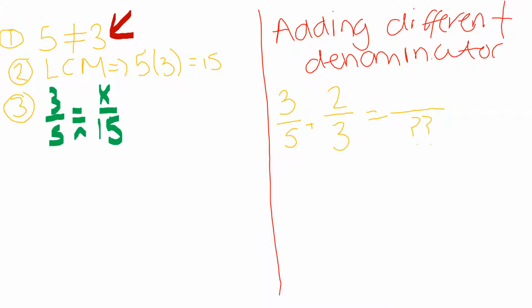Again, I'm going to repeat that because that's a really big concept. If you have any questions, feel free to ask anyone at your disposal because they'll be more than willing to help explain this. We set up our equation like this because we're looking for a fraction that is equivalent to 3/5 that has 15 in the denominator. So now we're going to use cross multiplication.